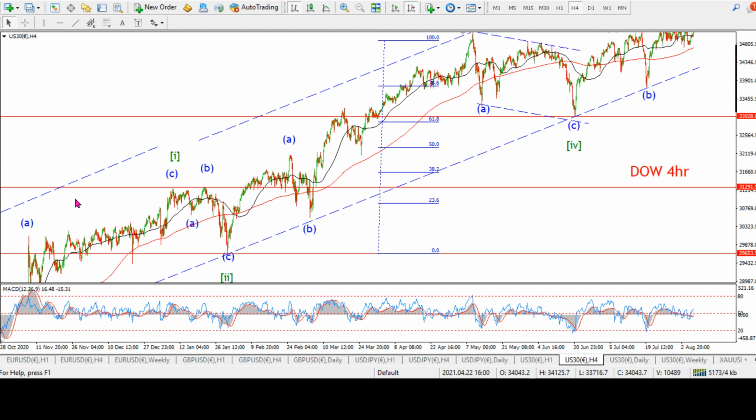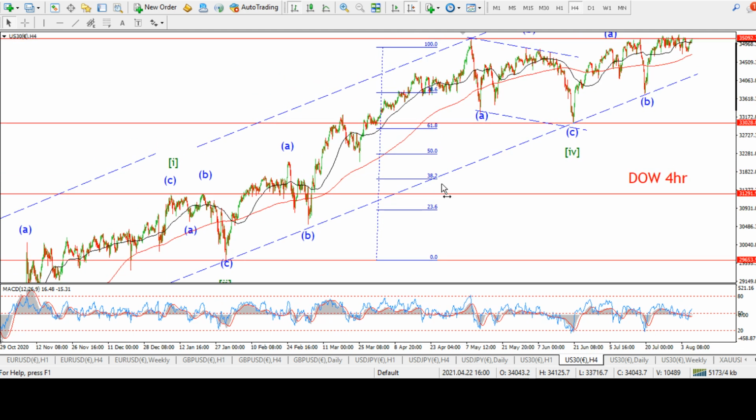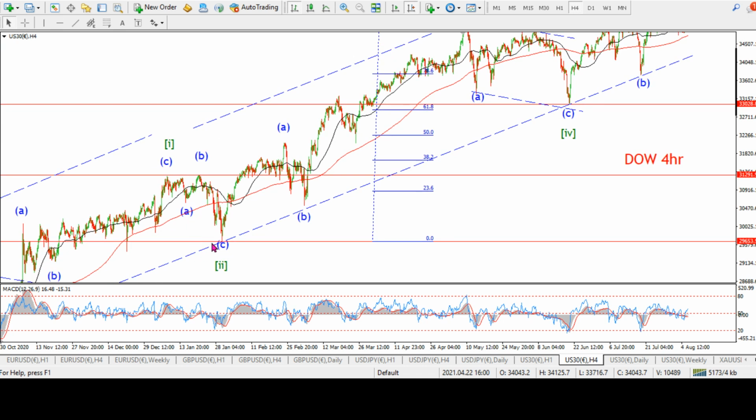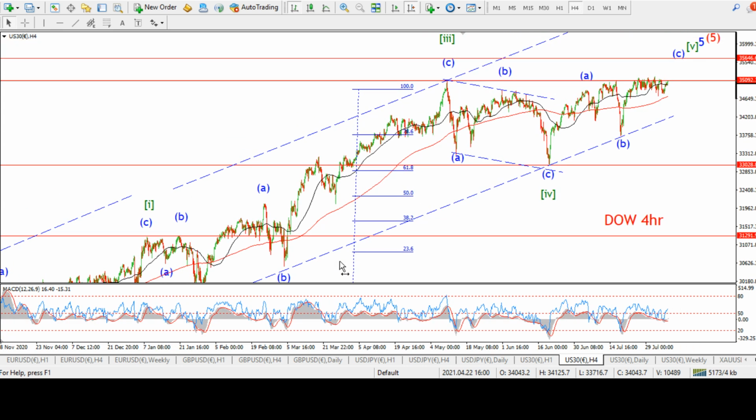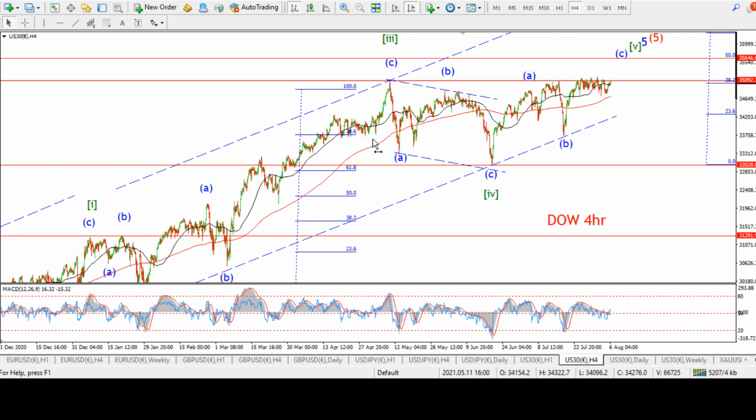If you take the extent of that rally and project it off the wave 2 low, you get an almost 100%, a little bit above, for wave 3. So the third wave is the longest wave by a couple of percent, maybe about 2 or 3%.